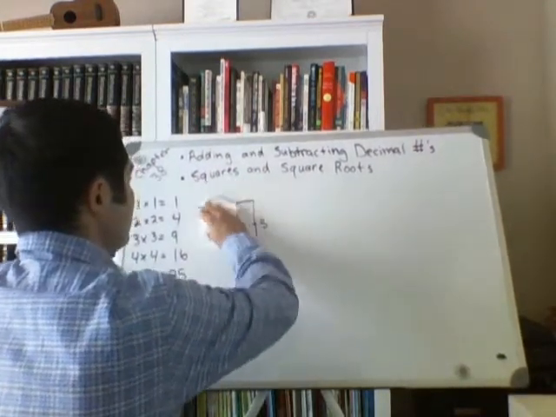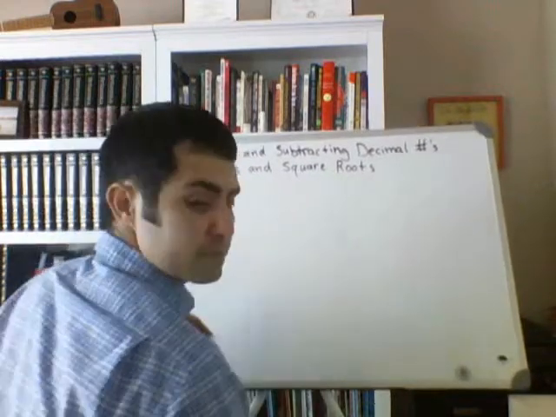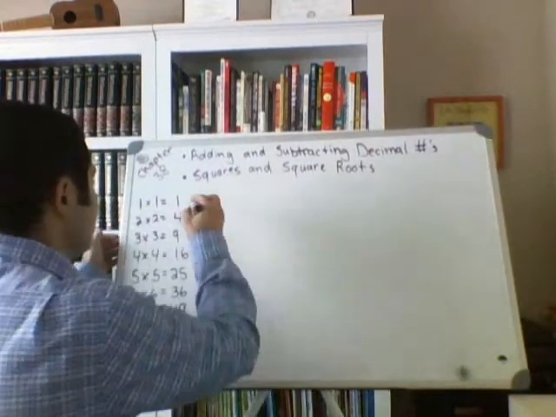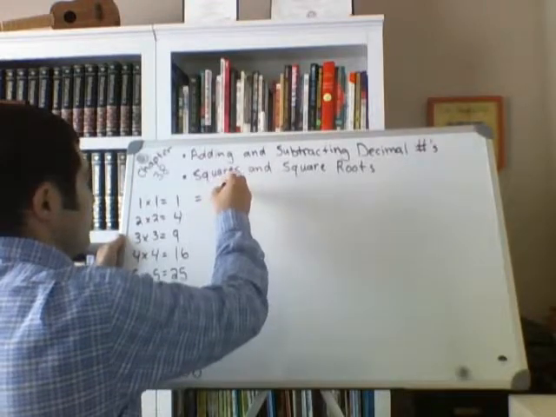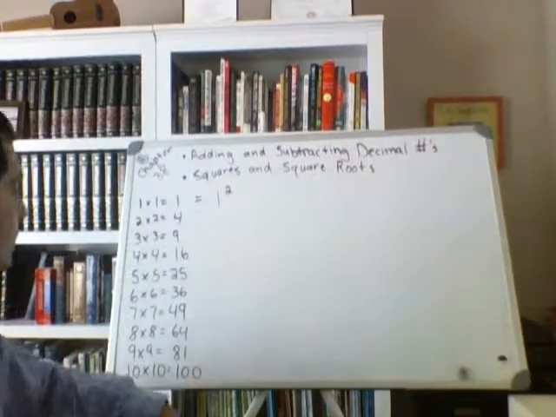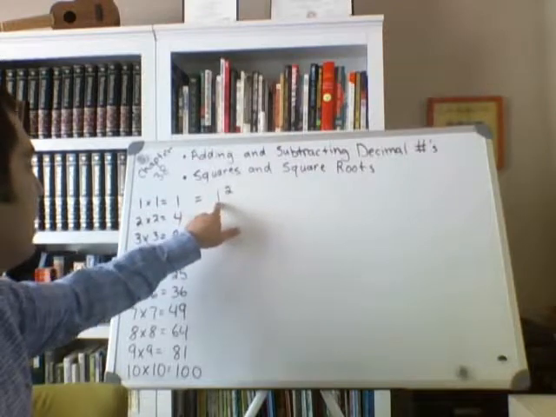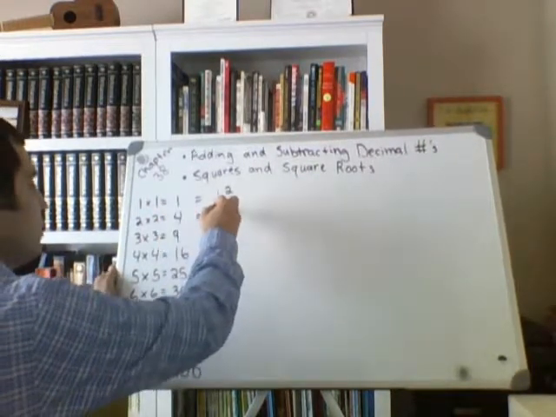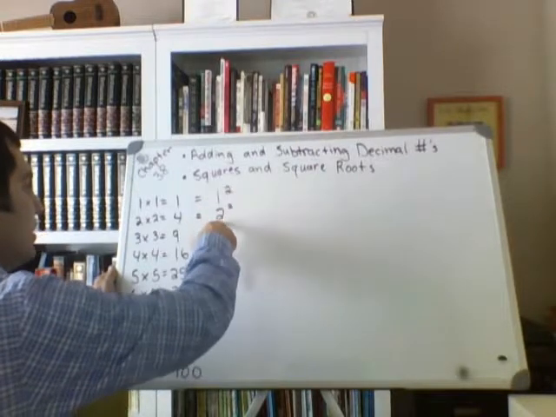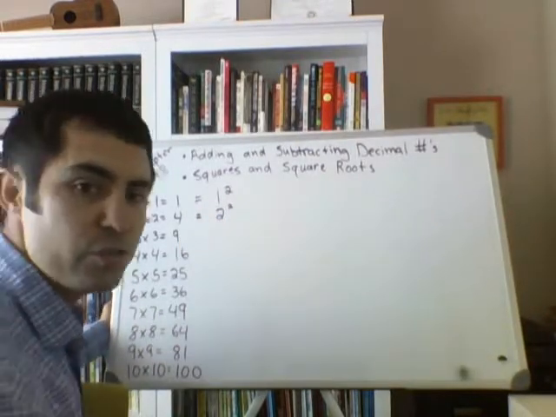The way this is written is we're going to take 1 squared. The little 2 in the air means you're taking 1 times 1. This one is going to be 2 squared. That means you're multiplying 2 twice.